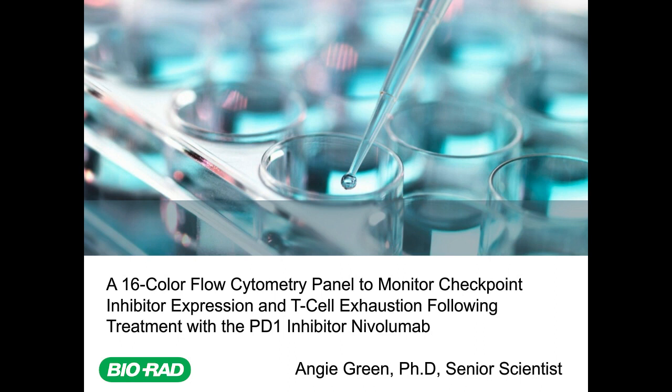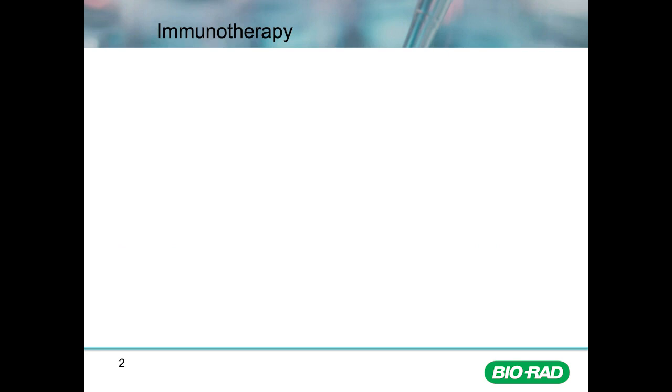Today we'll be using a 16-color flow cytometry panel to monitor checkpoint inhibition expression and T-cell exhaustion following treatment with a PD-1 inhibitor. T-cells play a key role in immunosurveillance for cancer, and tumors have developed sophisticated mechanisms to evade these T-cell responses, such as inducing T-cell exhaustion and signaling through checkpoint inhibitors.